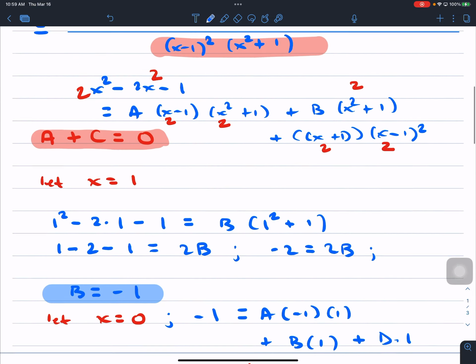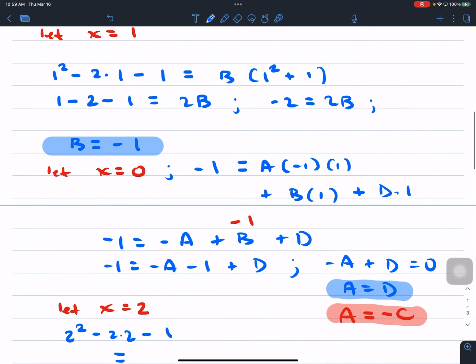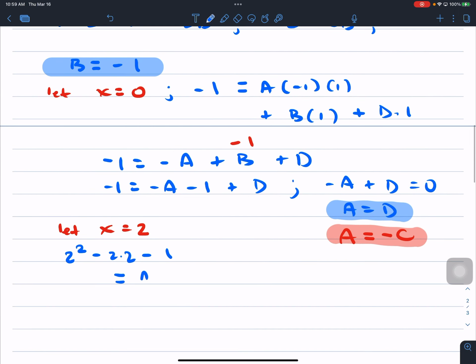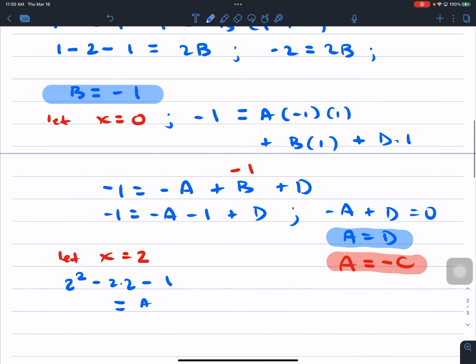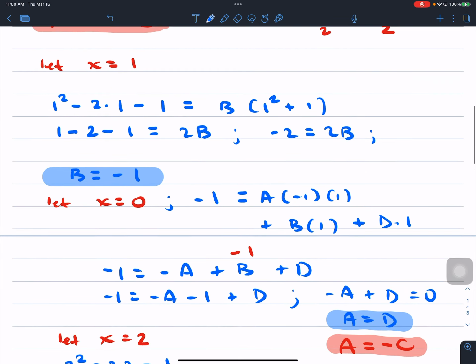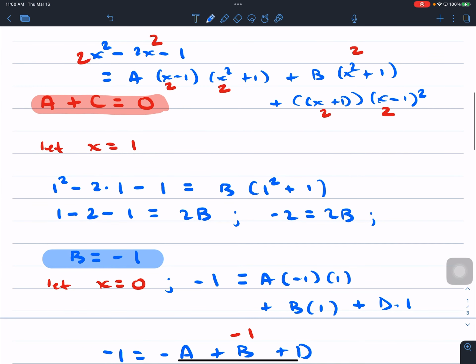What does that equal? A. What is 2 minus 1? Isn't that 1 for the A term, right? And then you have 2 squared plus 1. Isn't that 5? So double check. So I'm going to say times 5, okay? And then that's plus 5B, right? Look at the B term. 2 squared plus 1, isn't that 5B?